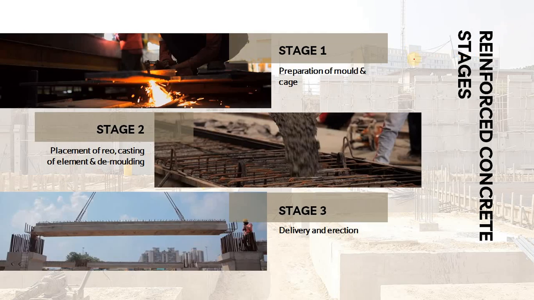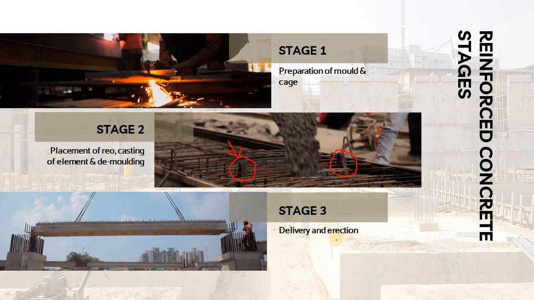The main important thing is we have to place the liftings, which are very important. They will be used for demolding, for lifting and handling, as well as for erection purposes. So these are the liftings that are provided for the facilities.